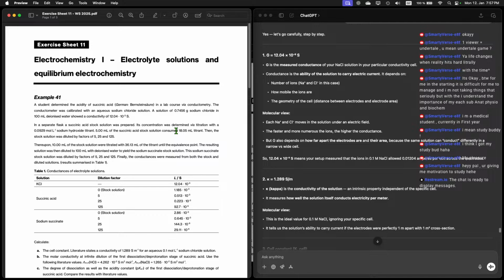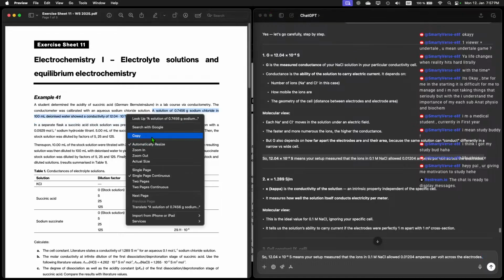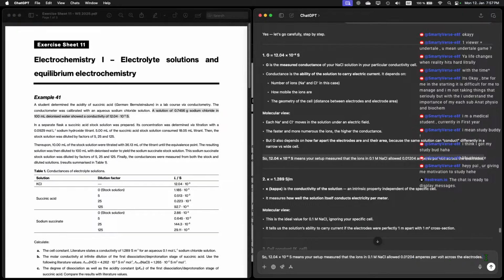So it means, are you sure it's 0.1? Are we sure?